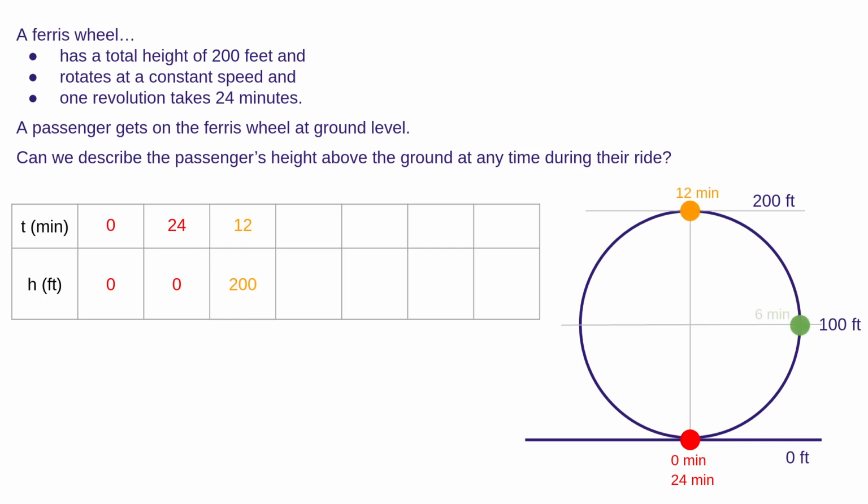If we kind of keep splitting in half, we have 6 minutes in the middle at 100 feet. With that second part in half, we're at 18 minutes, 100 feet. And then I think a natural place to go is to continue splitting in half, 3 minutes. What is the height of the passenger at that time?